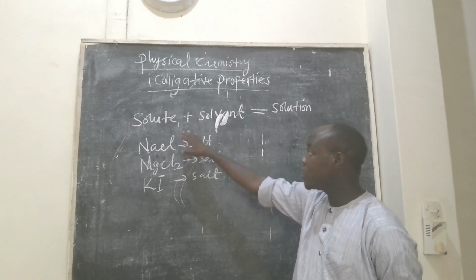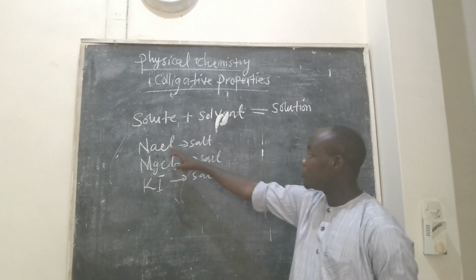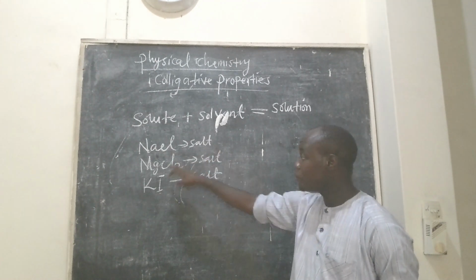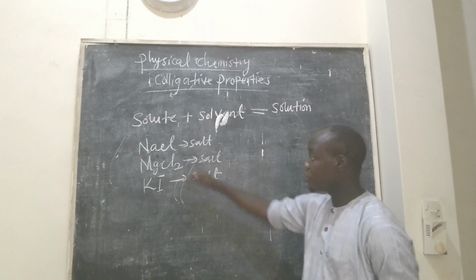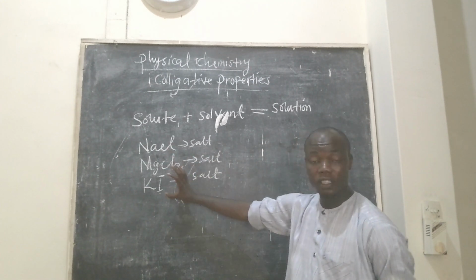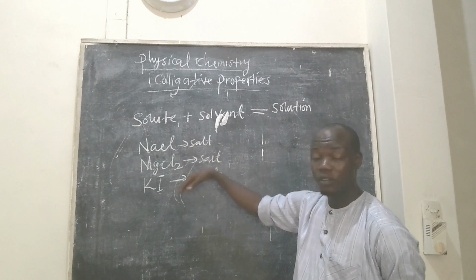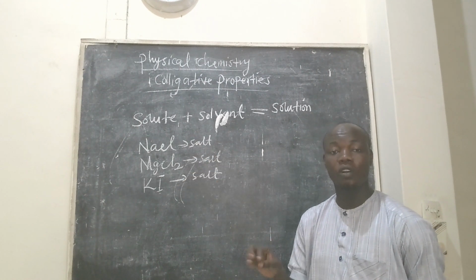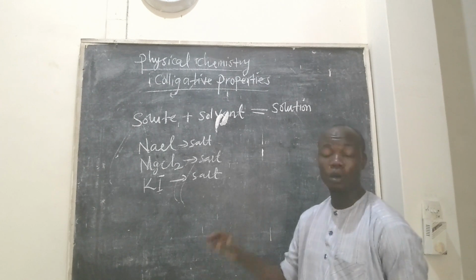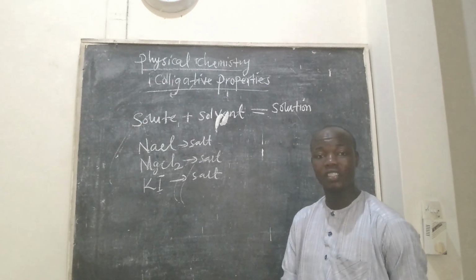And for example, we have some examples of solids here. Sodium chloride is a salt, magnesium chloride is a salt, potassium iodide is also a salt. But if you look at these three different salts, they have different chemical compositions. So colligative properties do not concern the chemical composition of the solid. Rather, it is only concentration.